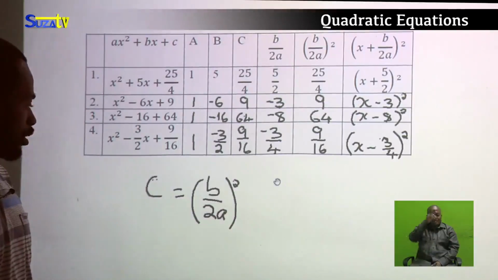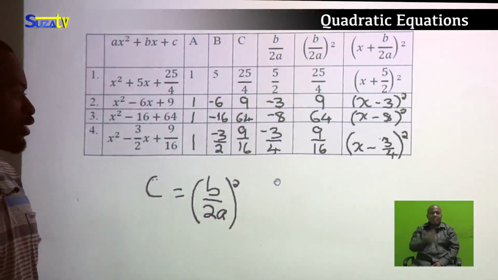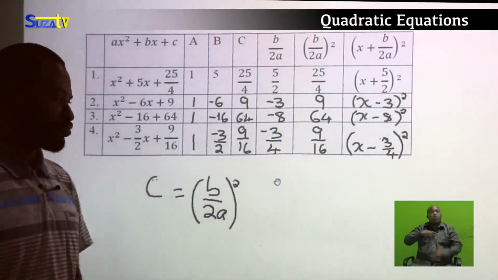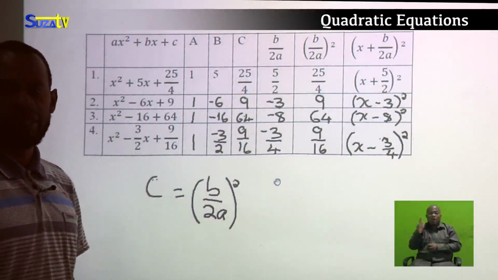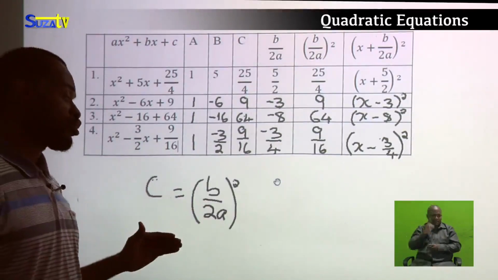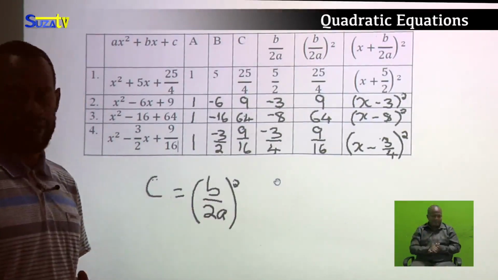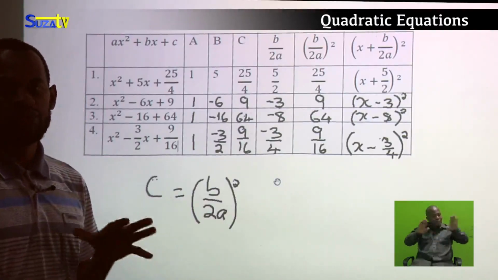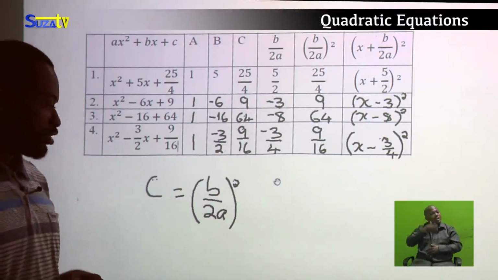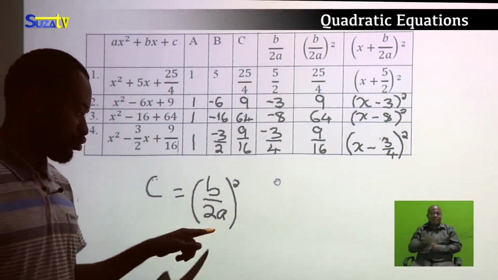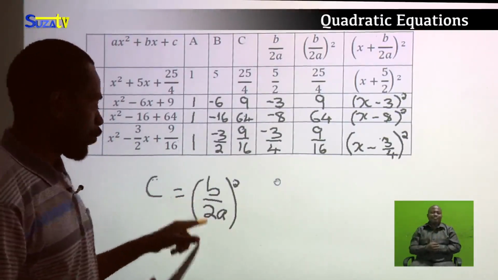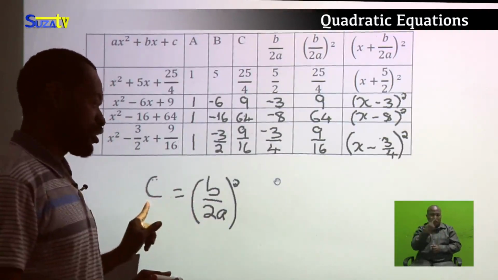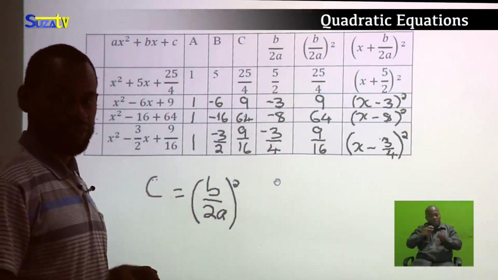Therefore, if we want to complete the square of any quadratic, if you want to make a perfect square for a certain quadratic expression, then we can use b over 2a squared instead of c, to make it a perfect square.